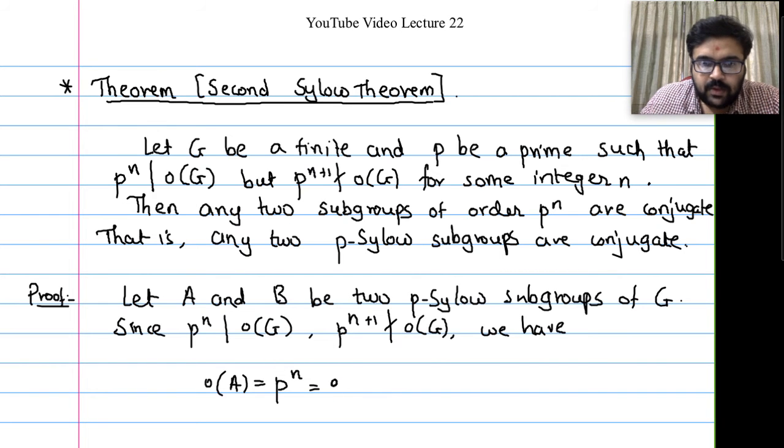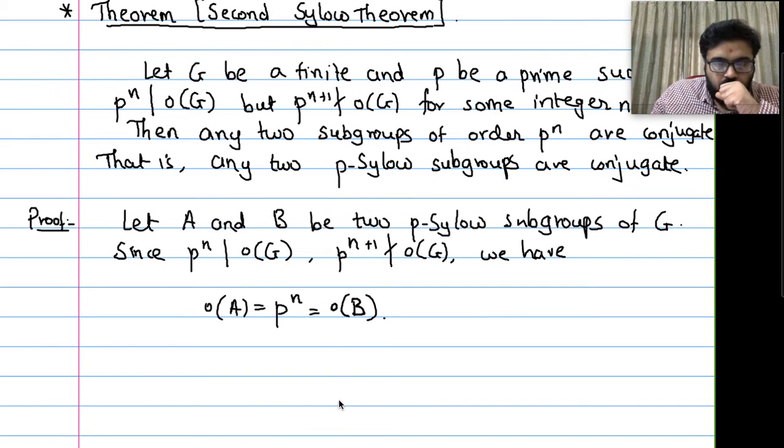So A and B have order p power n, right? This we know. What we have to show is that A and B are conjugate.